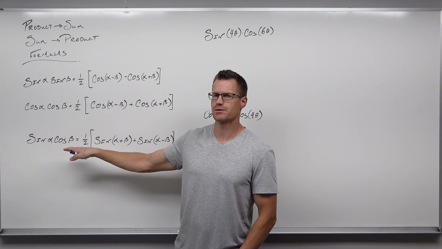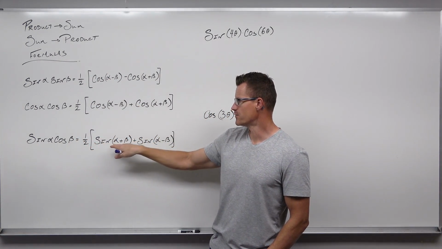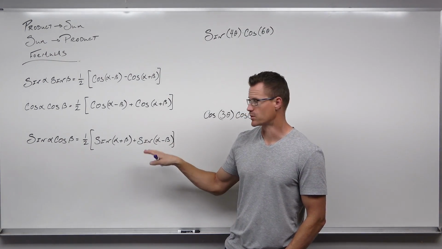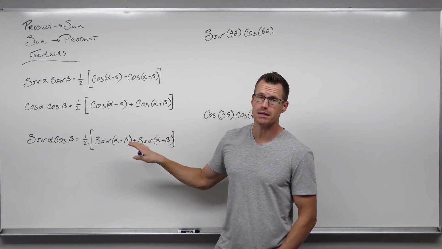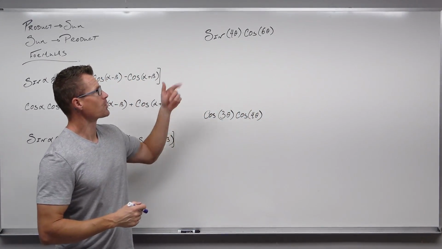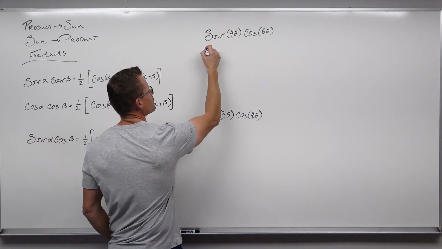Here's what this formula tells us to do. It says put your 1/2 like all of them have. We have sine of add the angles plus sine of subtract the angles. This is the only one we need for sine and cosine. So let's go ahead and try that. Sine 4 theta times cosine 6 theta. Let's start by putting our 1/2.